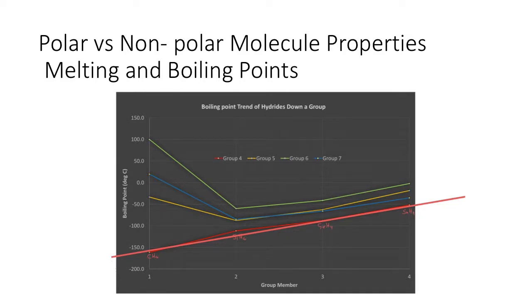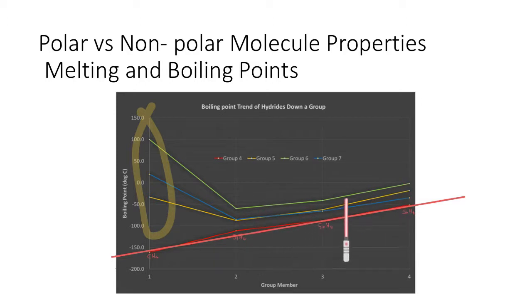But when we look at the other groups, group 5, group 6, group 7, we see that the first member is really enormously high. These are all really high compared to the rest. The rest of them follow that nice linear trend.